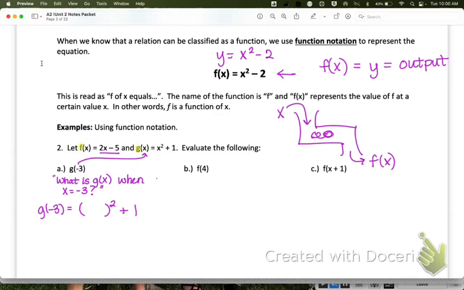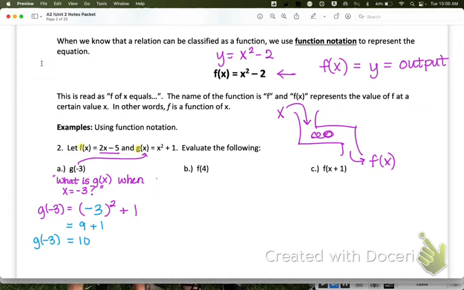We build our machine, and then the machine is to put in a negative 3 wherever the x's were before, okay? So negative 3 squared is 9 plus 1, so that tells me that g of negative 3 is equal to 10. So that means g of x equals 10 when x is equal to negative 3.